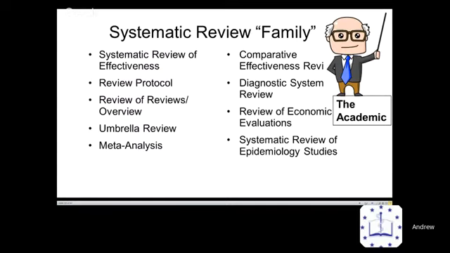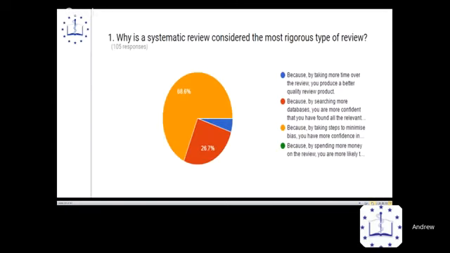And then we have other products here, Review of Reviews, Umbrella Review, meta-analysis. So I'm going to just pick out a few of these more common ones and just give you a description of them. But we did ask you to complete the pre-course questionnaire. And so I'm going to review responses. These aren't for all the participants.